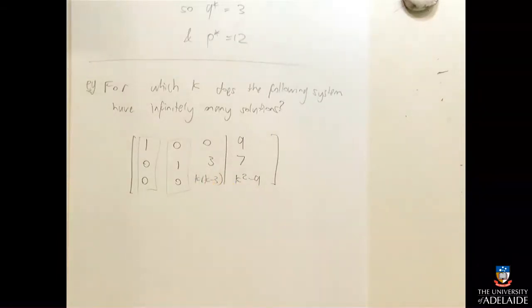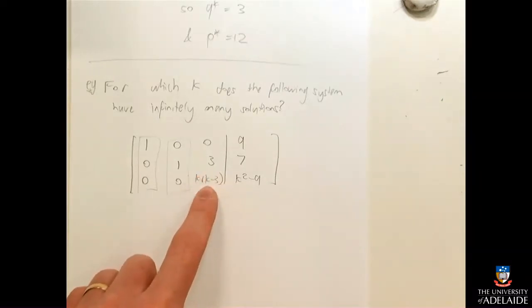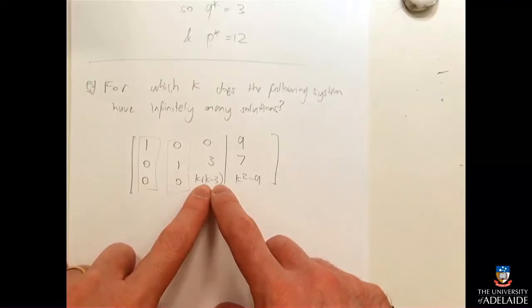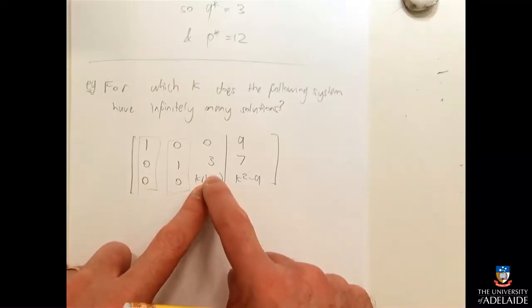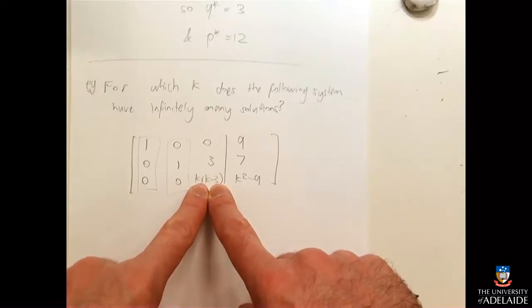It doesn't really need to be a 1 at the moment, because if this number turned out to be, say, 7, then I could just divide by 7, and it would be a 1 eventually. So I just need this number to not be 0 if I want to get a pivot in this position. So if there was a pivot in this position, then there would be a unique solution.